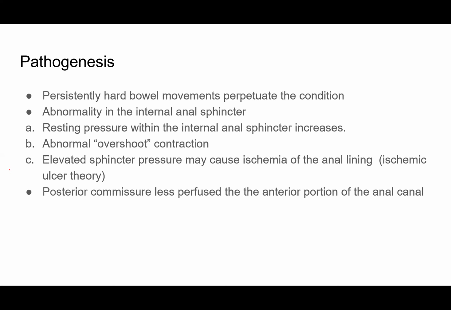So there is poor blood supply, the ulcer doesn't heal on time, and then chronic anal fissures persist. The posterior commissure, like I explained earlier, is less perfused than the anterior portion of the anal canal, which explains why the posterior commissure is more affected by anal fissures than the anterior canal.